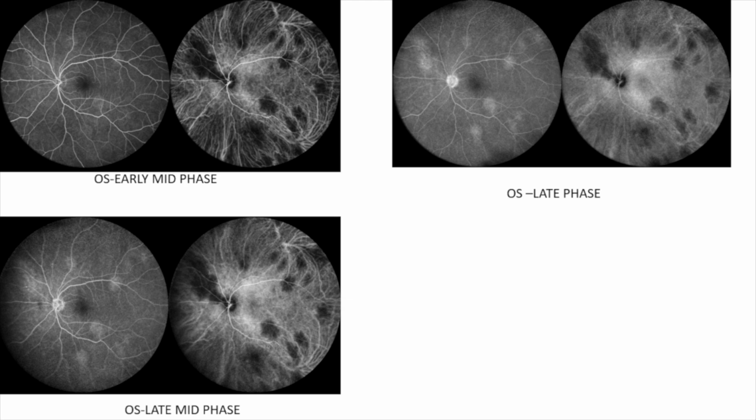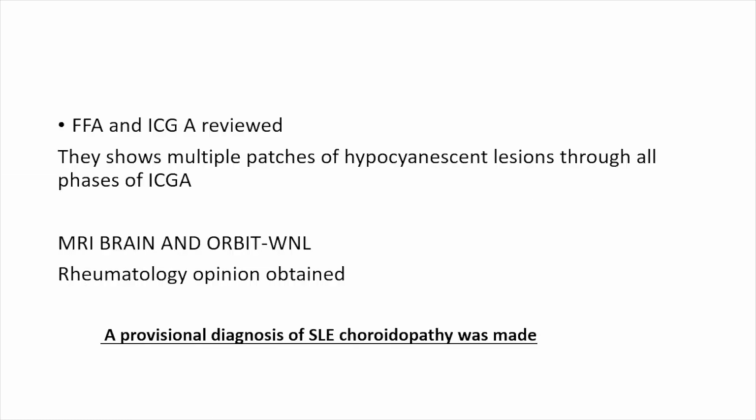In the left eye, the ICG shows persistent hypocyanescent patches, and in FFA we can see increasing stippled hypofluorescence. These patches show there is choroidal activity, so a diagnosis of SLE choroidopathy was made.